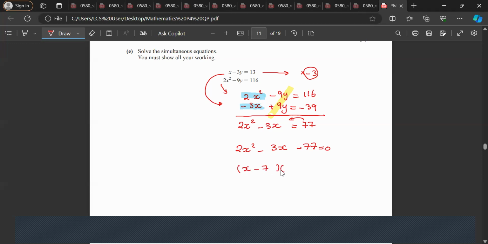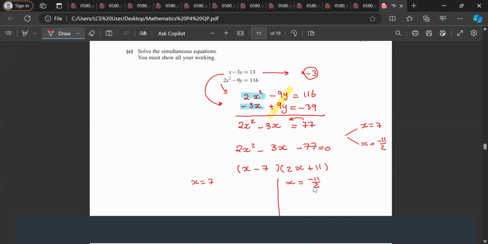And from here x equals -11 over 2, so I will write it here as 2x plus 11. Then write from here that x equals 7 and x equals -11 over 2.